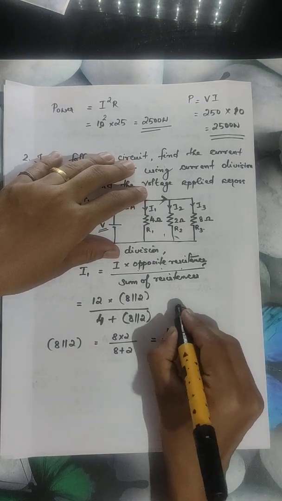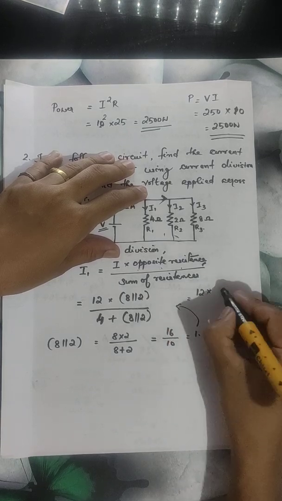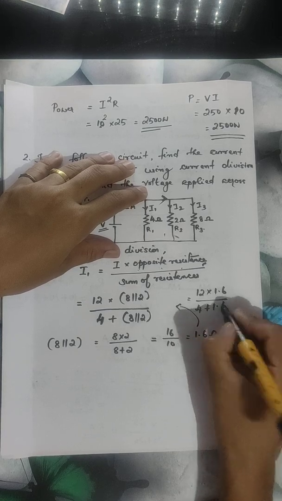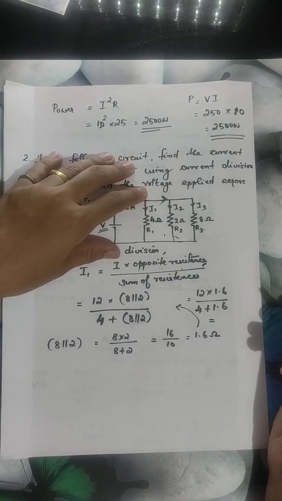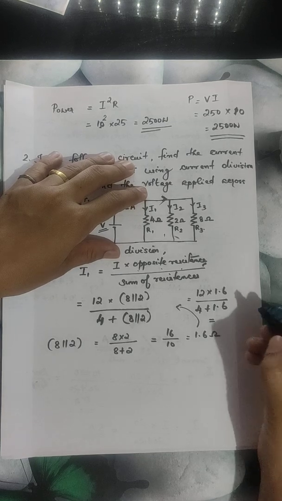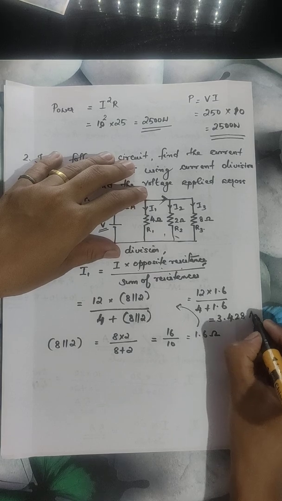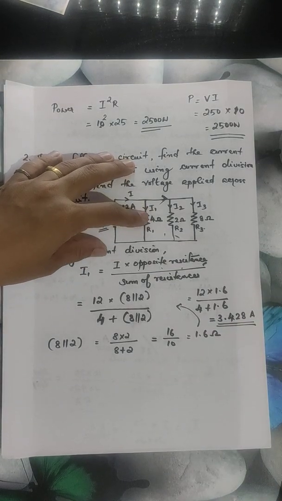So now calculate the current I1. So 12 into 1.6 divided by 4 plus 1.6, and we will get the answer as 3.428 ampere. Okay. So this is I1.